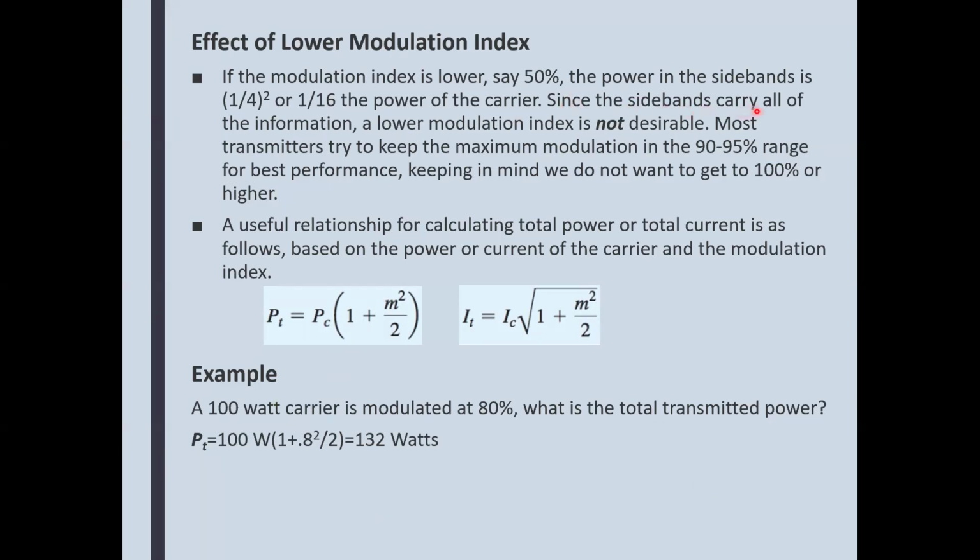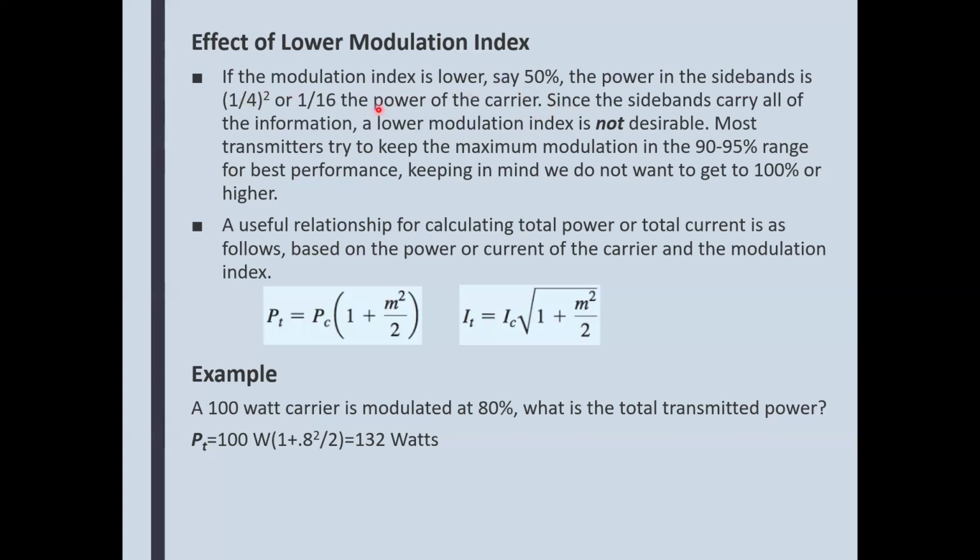The sidebands carry all the information, because the information that we care about is not in the carrier. The strength of the carrier is just the strength of the carrier that can travel further, and the tuner can more easily tune into. But the information that we care about is actually in the intelligence signal.